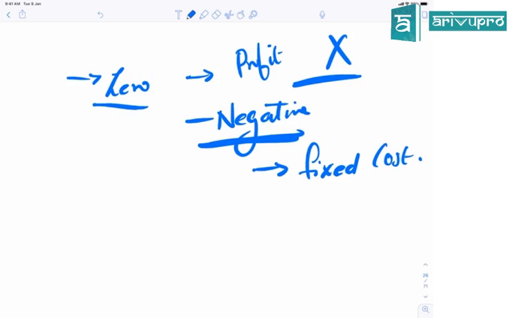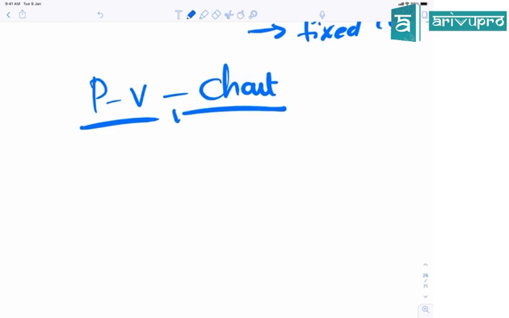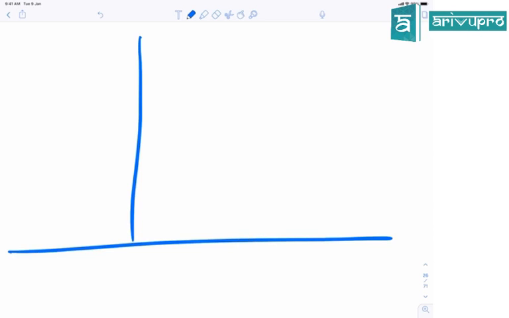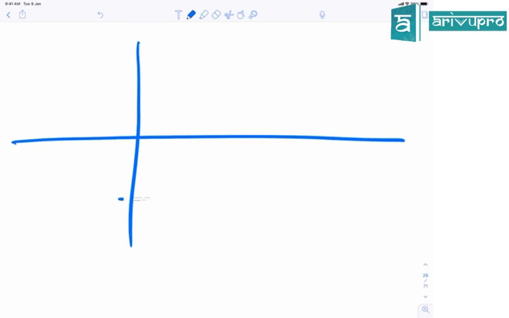Now, the next chart I'll be talking of is known as PV chart. What does PV chart say? Now see here, the PV chart says, if I'm producing 0 units, this is my line below the origin, I'll be suffering a loss equal to fixed cost.